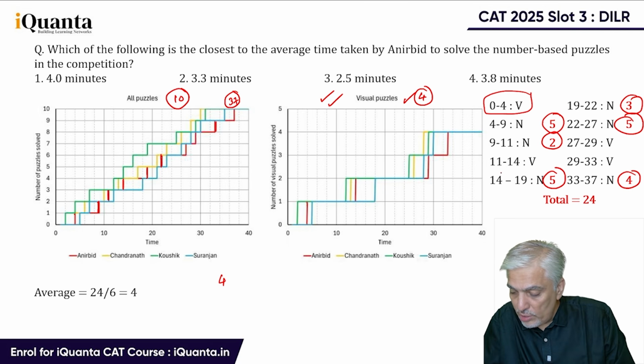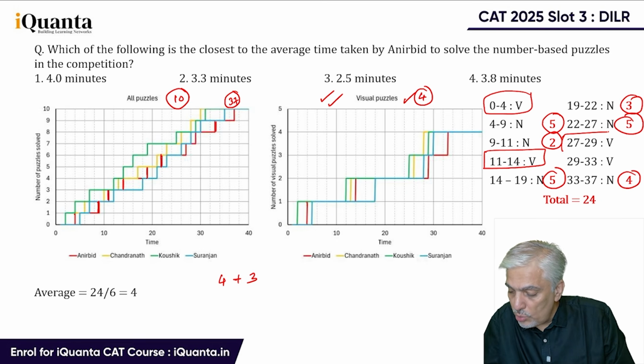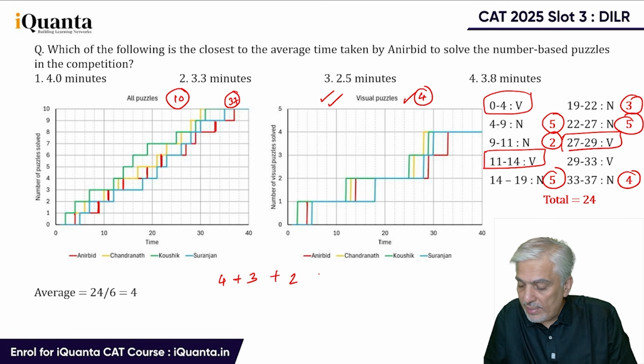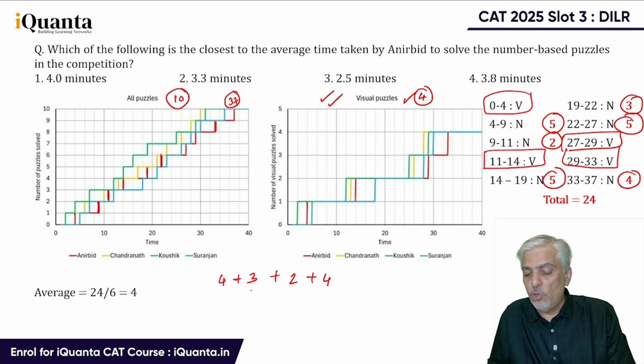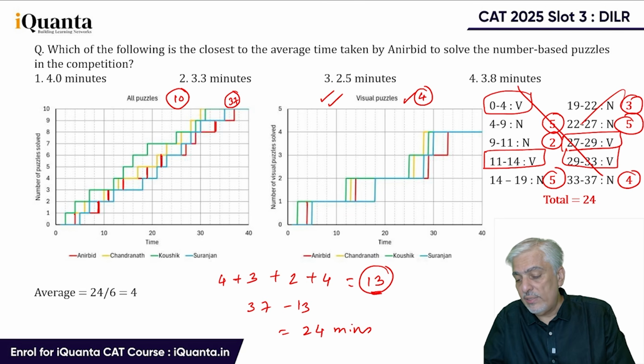The second visual took us 3 minutes. The third visual took us 2 minutes, and the last visual took us 4 minutes. 4 plus 3, 7, 7 plus 2, 9, 9 plus 4, 13. 37 minus 13, we got 24 even by this method. So much easier. We didn't have to do all this.